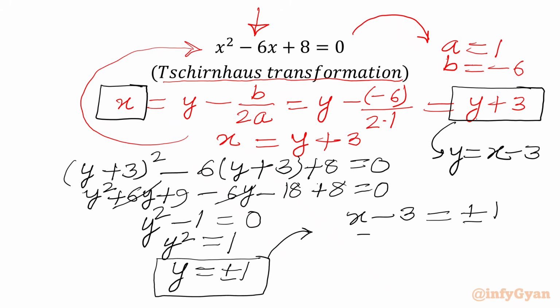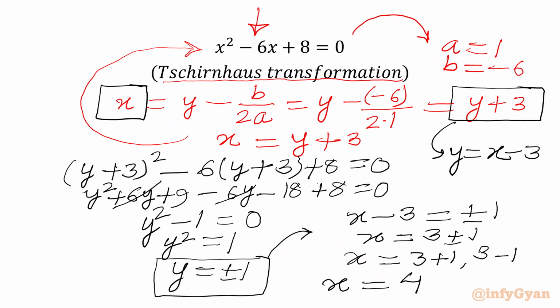By adding 3 to both sides, we will get x equal to 3 plus minus 1. Or we can write x equal to 3 plus 1 and x equal to 3 minus 1. So we have two roots, x equal to 4 and x equal to 2 using Tschirnhaus transformation technique.